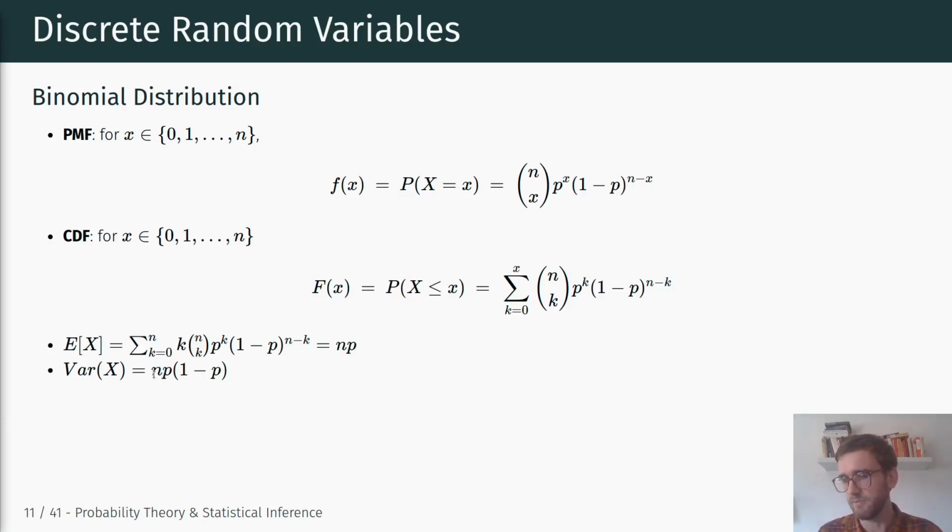The same goes for the variance, n times p times 1 minus p. This holds for any binomial distribution with n trials and success probability p. So as soon as you have a binomial distribution and you know the number of trials and the success probability, you can compute the expectation and the variance of that probability distribution.